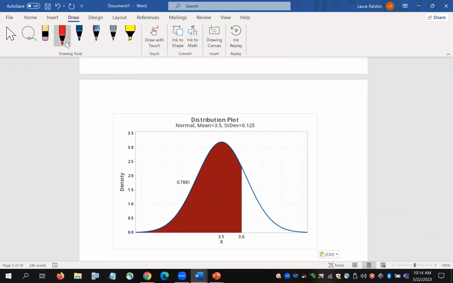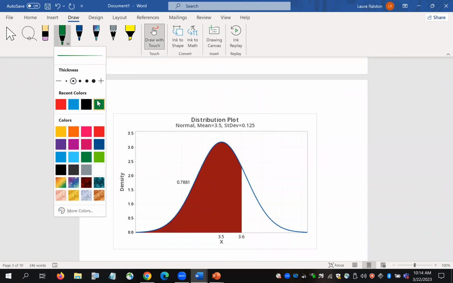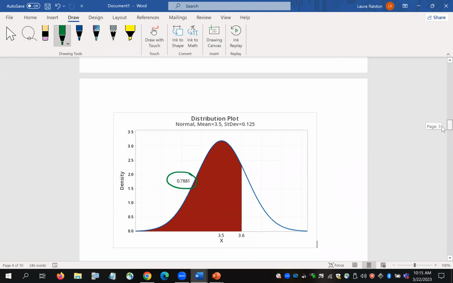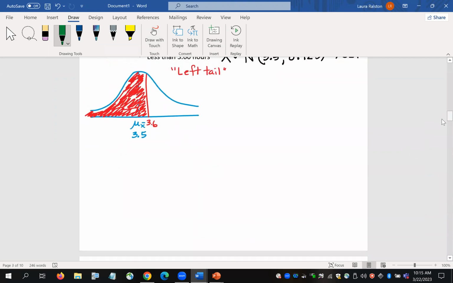Okay, so again, what you're looking for is this number that's kind of hanging out above the red shaded region, which is 0.7881. So this red shaded region is 0.7881.